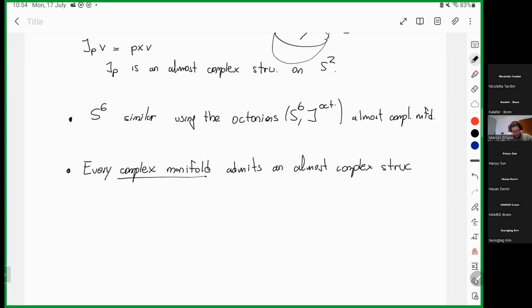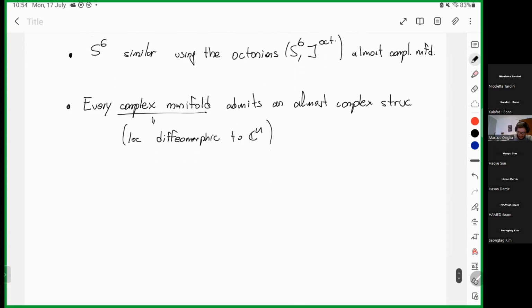What I mean by complex manifold is, instead of having local diffeomorphisms with R^n, here we have local diffeomorphisms to C^n, right?